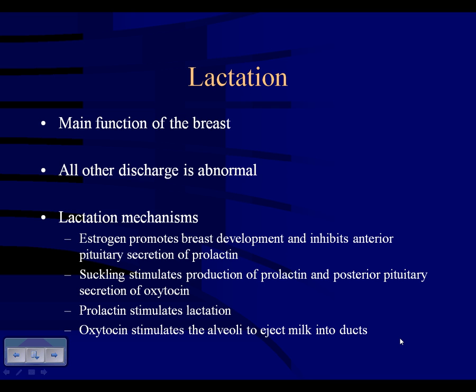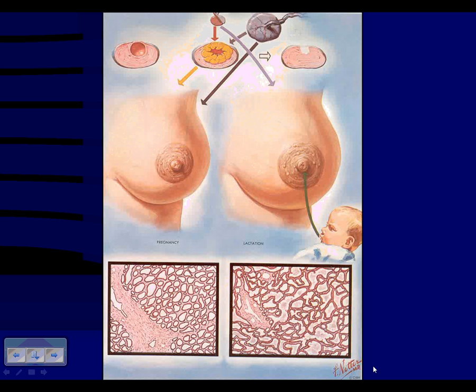So both the anterior and the posterior pituitary gland are very important here. Prolactin will stimulate lactation, and oxytocin helps to stimulate the alveoli to eject milk into the ducts. So in other words, it helps to stimulate those myoepithelial cells to allow the secretions to be ejected into the ducts.